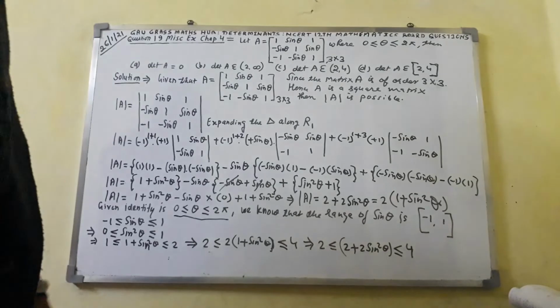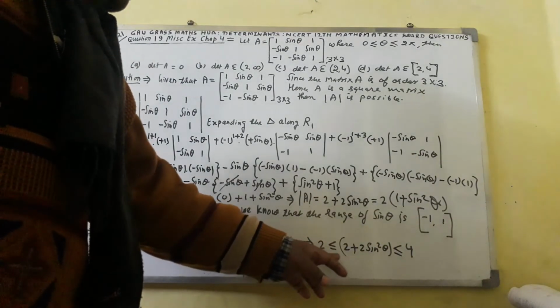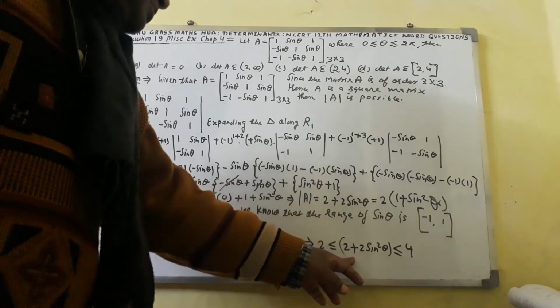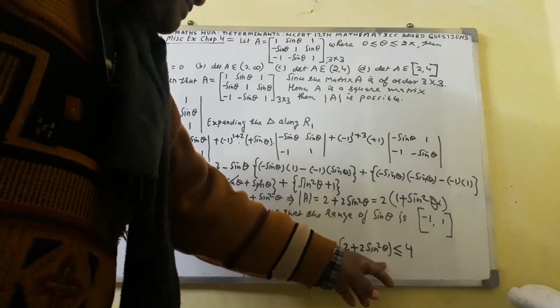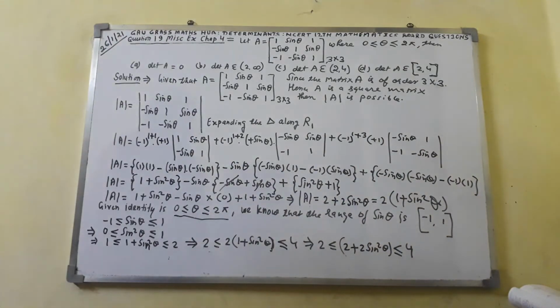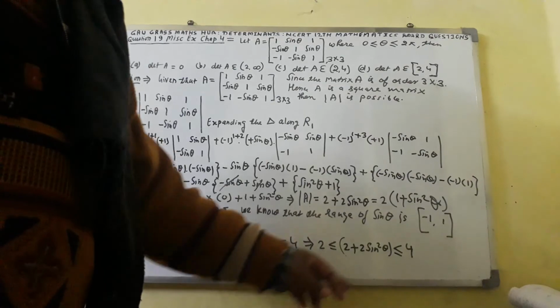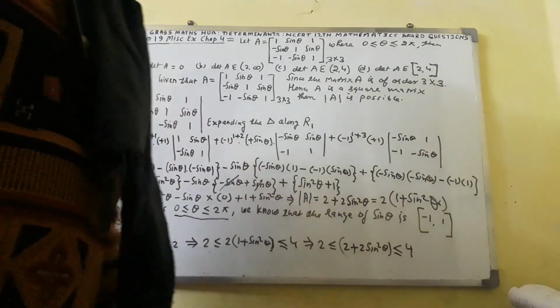This thing we have got: 2 less than equal to, in bracket 2 plus 2 sine square theta, bracket close, less than equal to 4. Minimum including 2, maximum including 4.